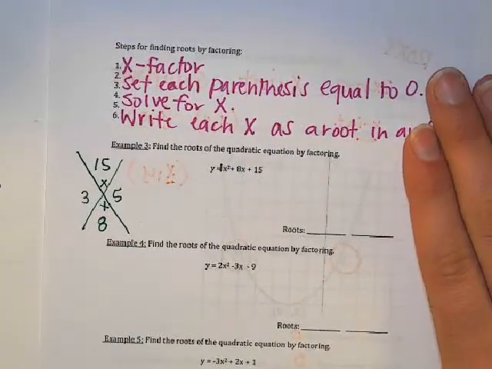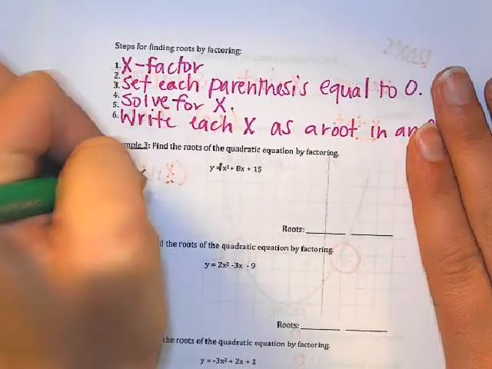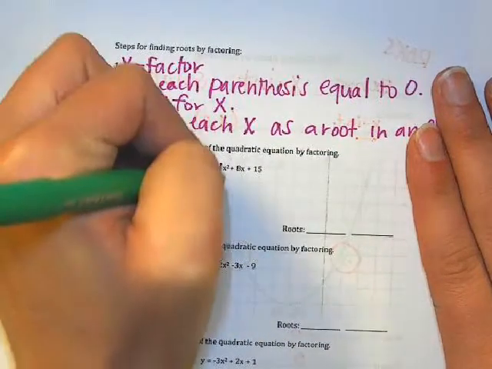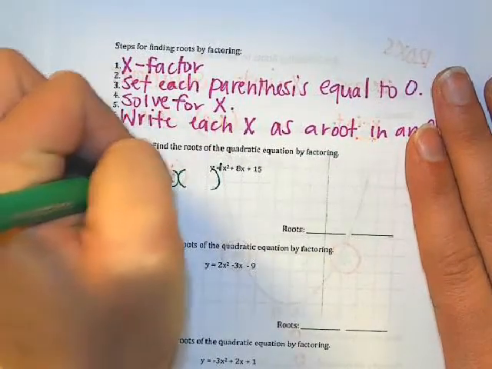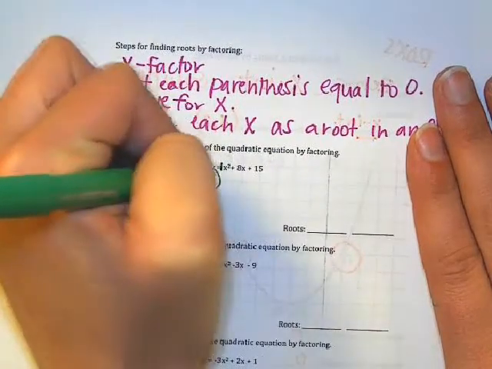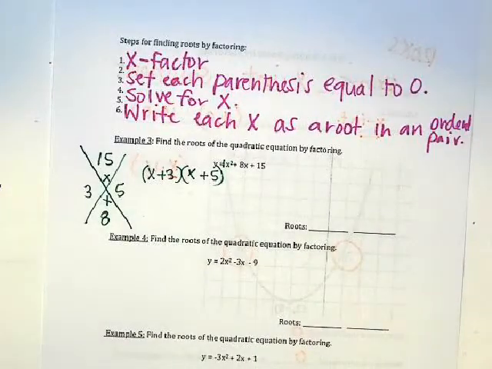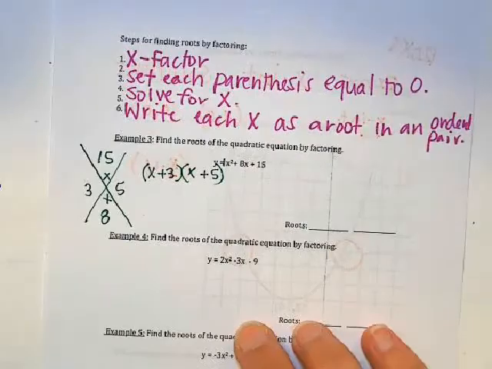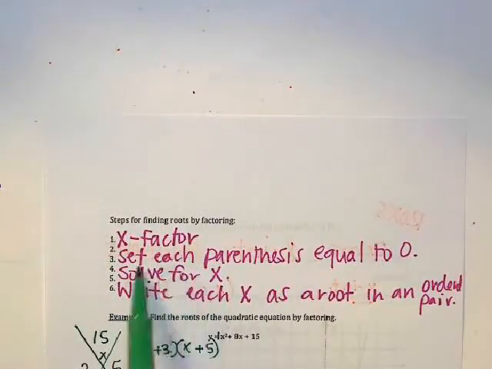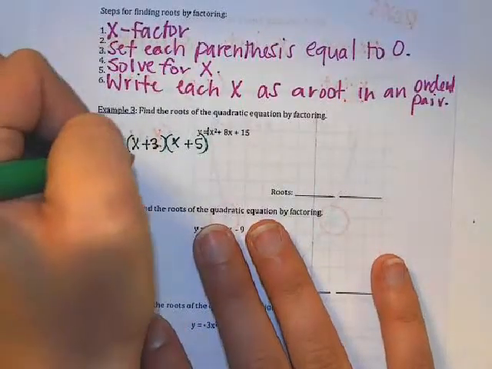Now I do my parentheses. X plus 3, x plus 5. And I'm finished with x factoring. So set each parentheses equal to 0. Okay, so now I'm going to do x plus 3 equals 0.